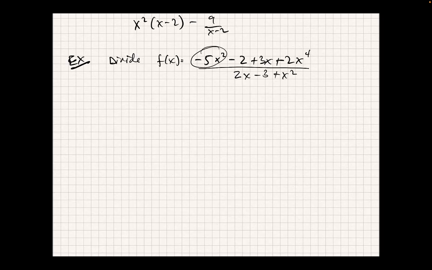Minus 5x squared minus 2 plus 3x plus 2x to the 4th over 2x minus 3 plus x squared. Yes, I wrote that down correctly. All right, you set this up, and then we'll go through the steps together, make sure we know how to do something crazy like this.